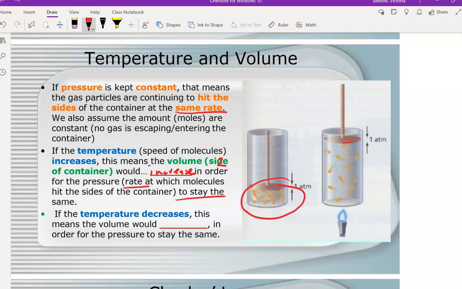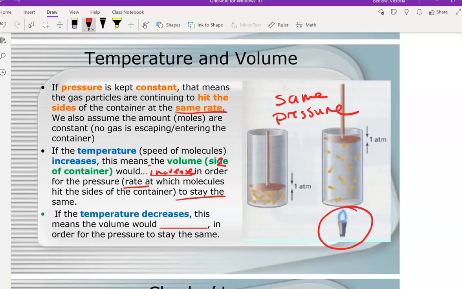So these both have the same pressure. If you're increasing the temperature, you need to give these particles more room to move around. If the temperature decreases, the volume would decrease in order for the pressure to stay the same.